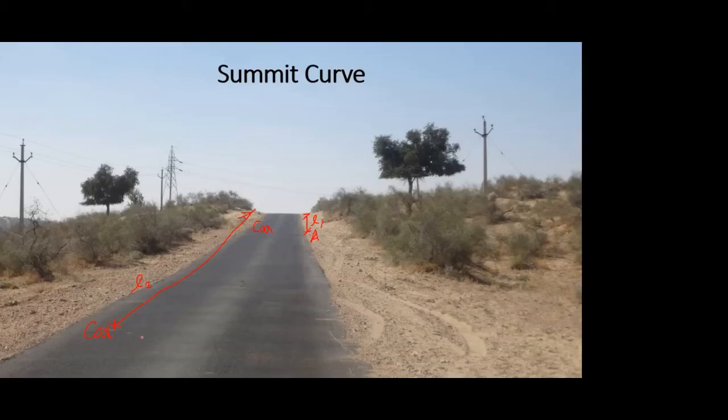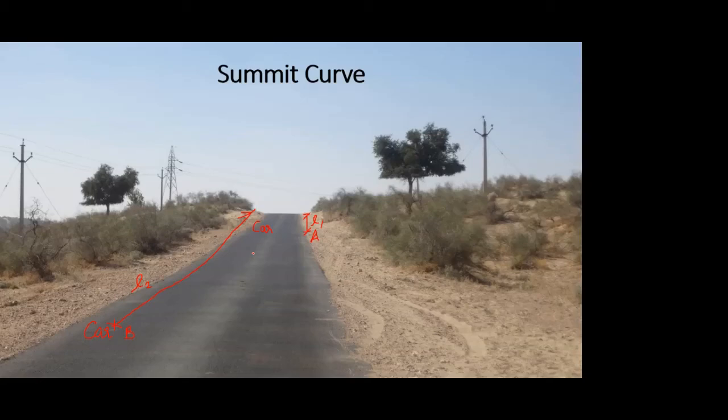But I can't see anything when my car is at this point B, when the length is L2 from this apex. So what is the deciding factor that will affect this length or this point, that at which point I will be able to see the other side of the summit curve? So what do you think is the deciding factor for this?